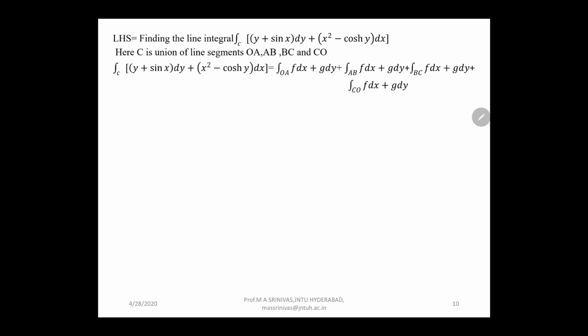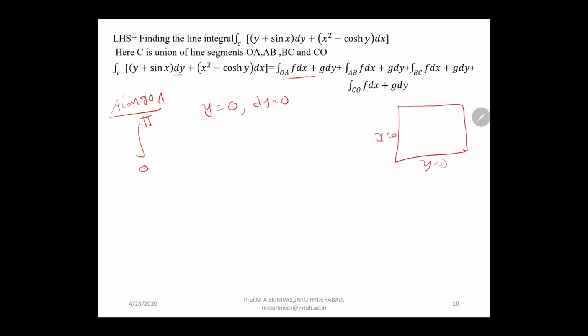So first I am finding along OA. OA is the x-axis, that is y is 0 and dy will be 0. Therefore, dy is 0, that goes out, and x varies from 0 to pi. If you remember, this is the curve: this is y equal to 0, this is x equal to 0, this is x equal to pi, and this is y equal to 1.